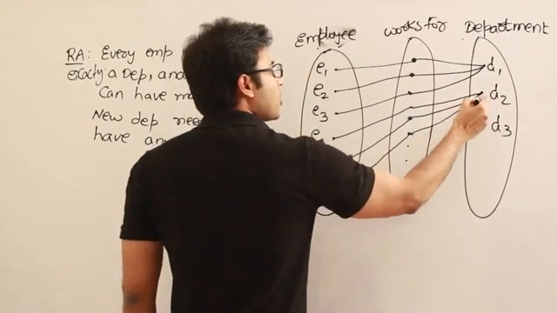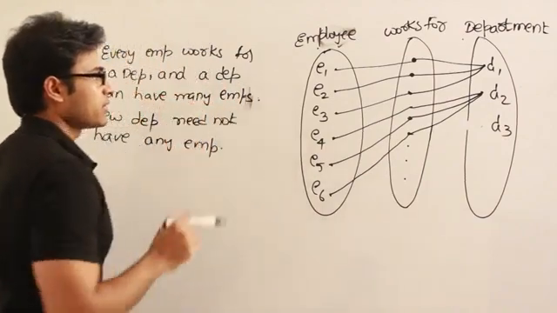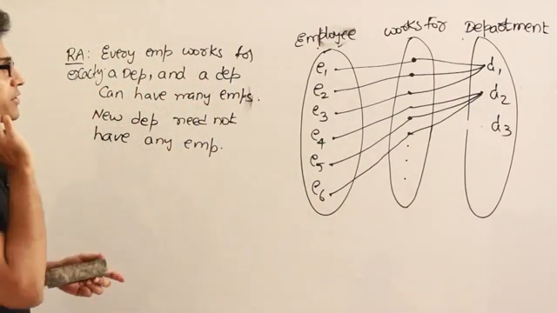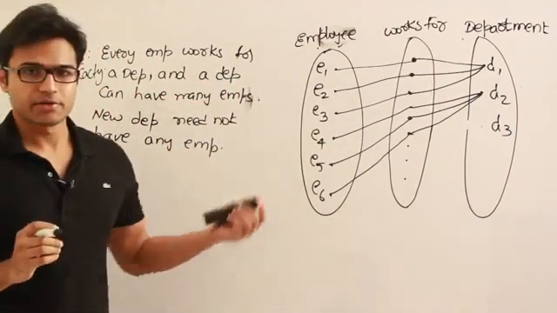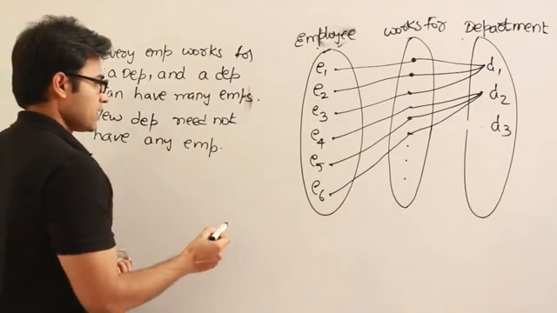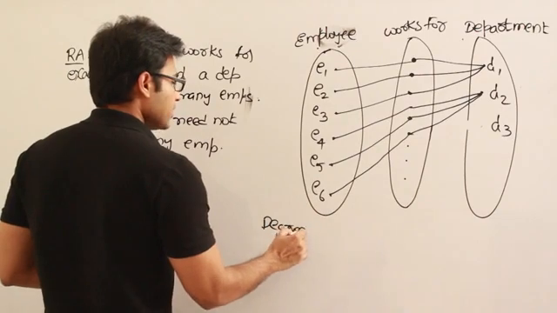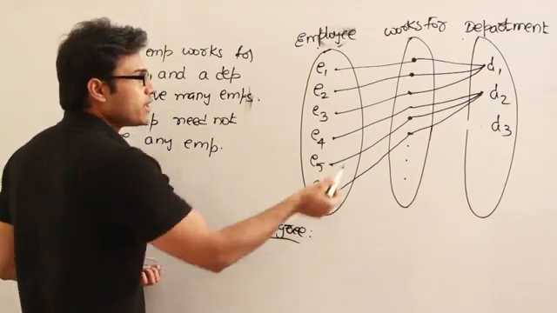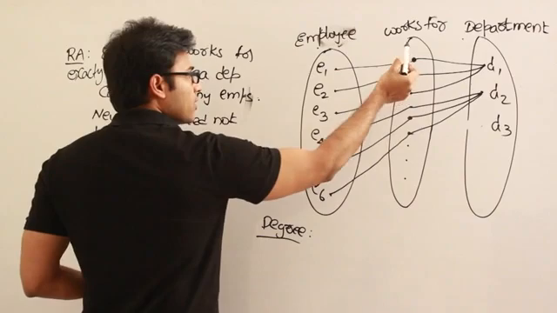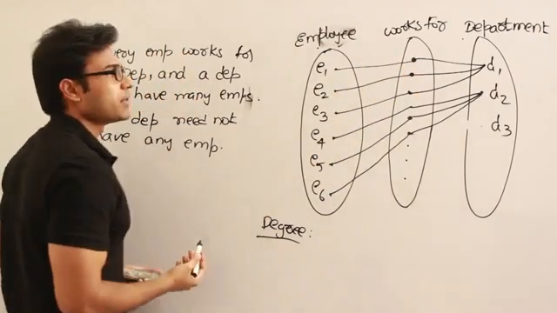Now we are going to talk about some few characteristics of the relationship. So now works for is a relationship. So one characteristic is degree. So degree is nothing but in every relationship, right, how many entity sets are participating.